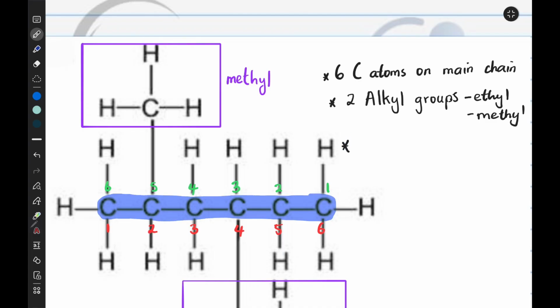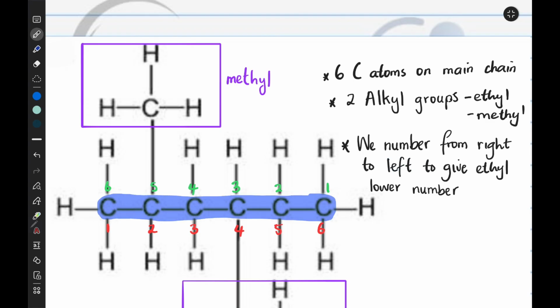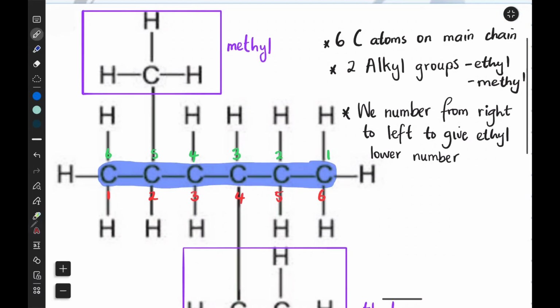And then another thing, we number from right to left so that we can give ethyl the lower position number in the carbon chain.